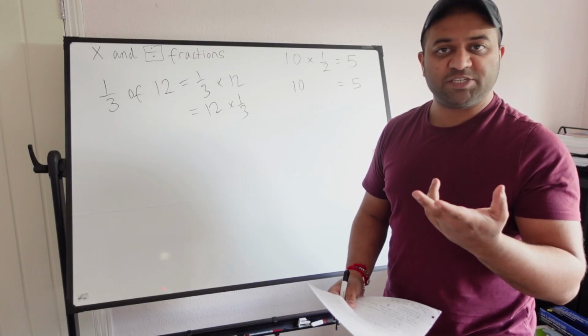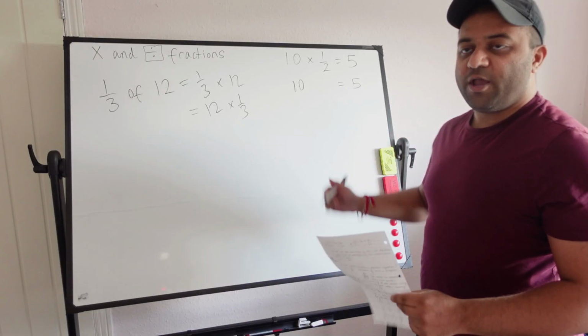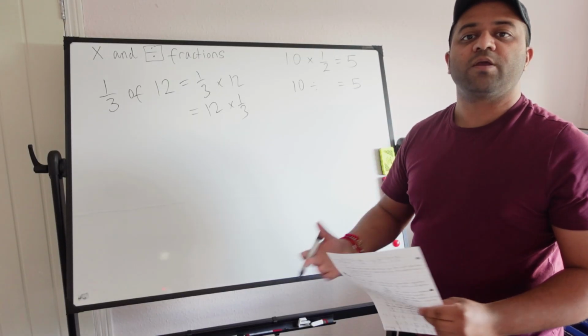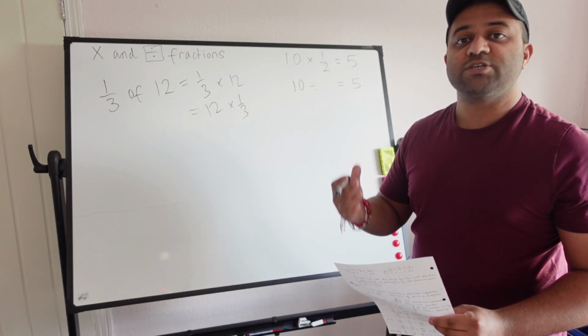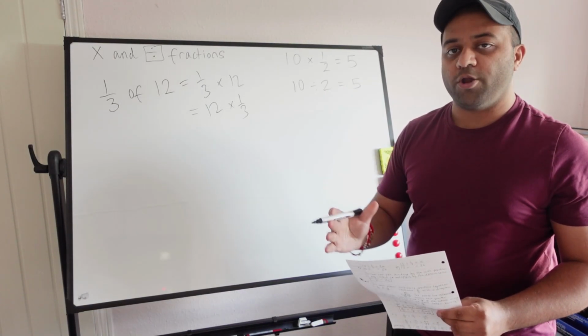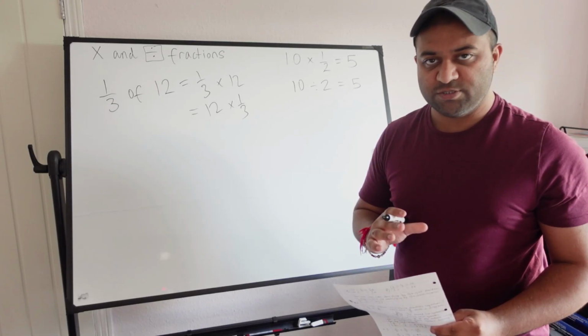And splitting, another word for that, is division. What could we divide 10 by to give us 5? We should know that the result is divided by 2. So multiplying by 1/2 and dividing by 2 are equivalent operations.